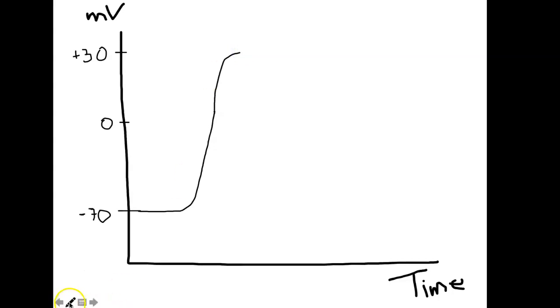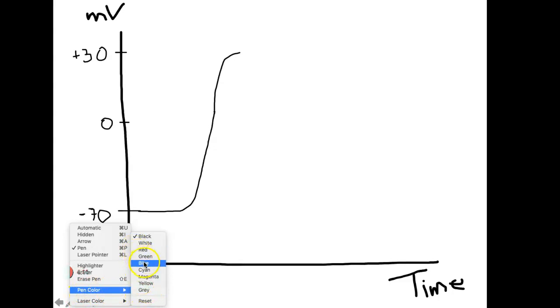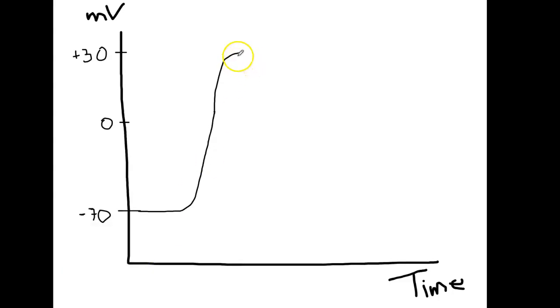I'm going to change my pen here. And then it's going to change, and those channels are no longer open to sodium. But what happens is the potassium channel opens. And if you remember, potassium was mostly in the inside of the cell, so potassium instead is going to move out.